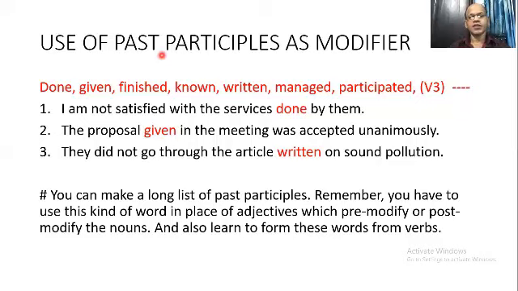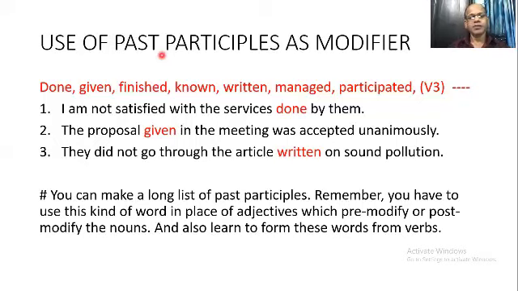Written is a past participle and it modifies the noun article. So done, given, and written are past participles. They modify the preceding noun just before them: service, proposal, and article.